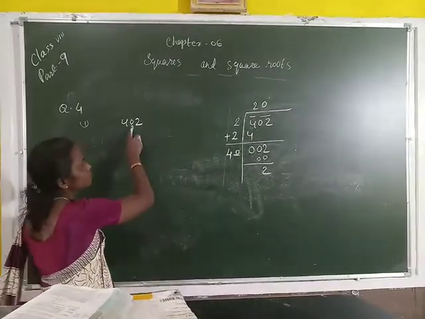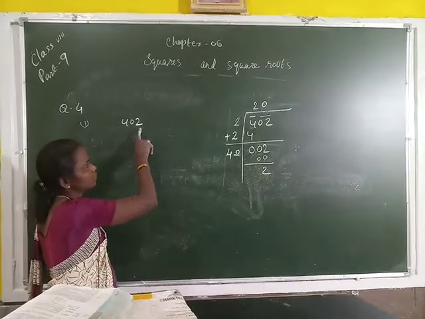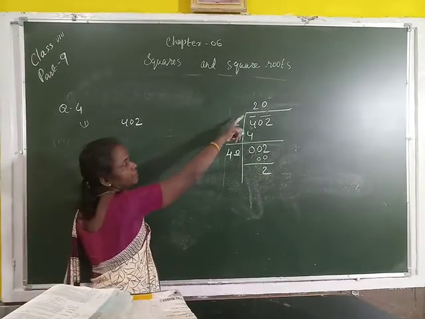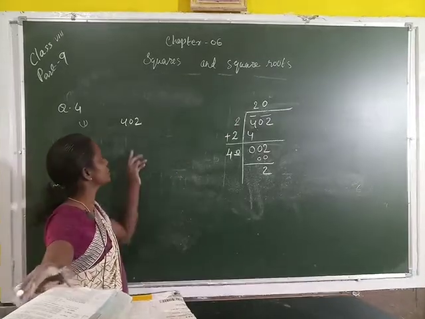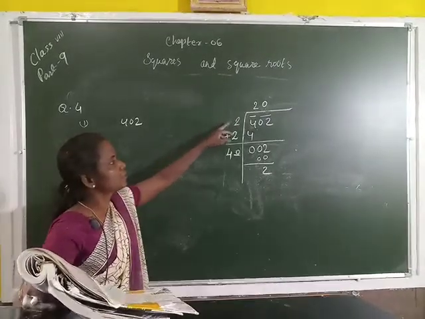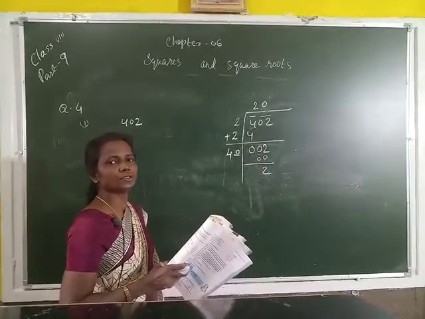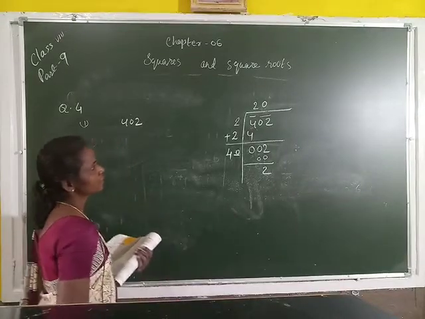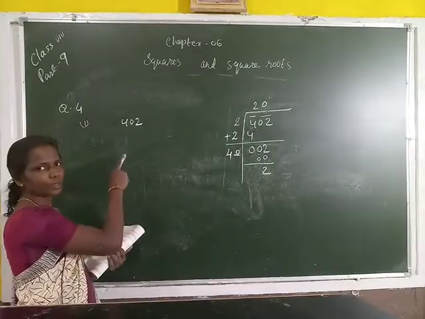Here the square root of 402 is which number? Nearest to which number? The nearest is 20 square. This 20 square is less than 402.